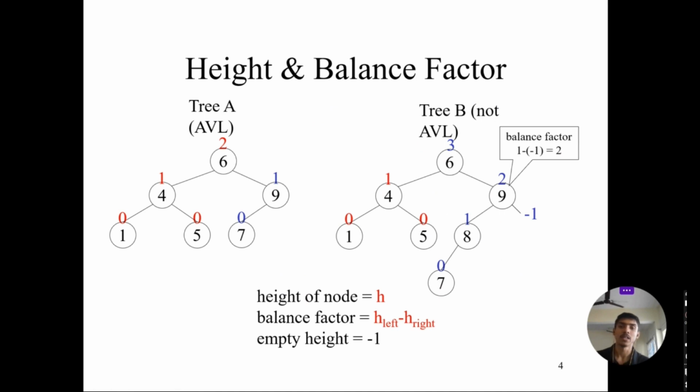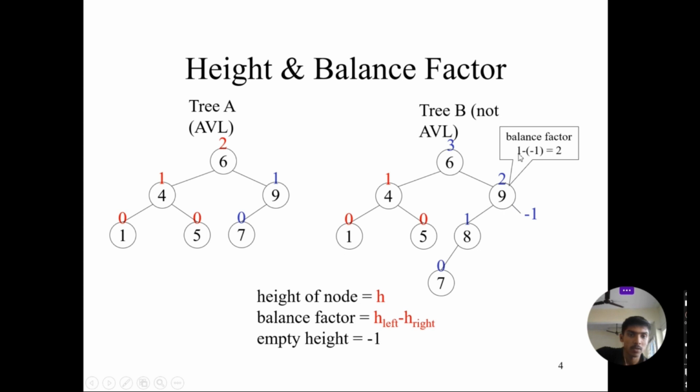So what are height and balance factor? Height is calculated from the leaf nodes, so here 0, 1 and so on. And what is the balance factor? The balance factor is the height of the left subtree minus the height of the right subtree. Here you can see heights 0, 1, 2. If we want to calculate the balance factor, it will be the height of the right subtree minus the left subtree, or vice versa.